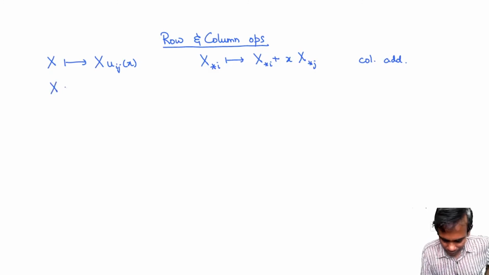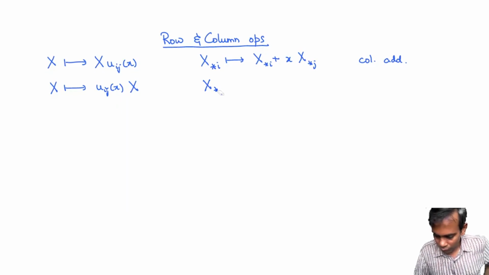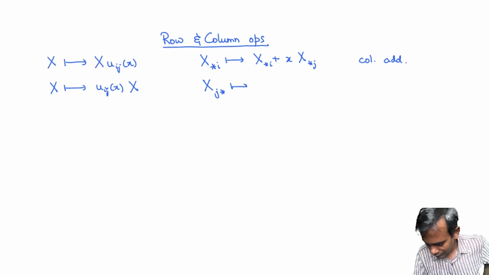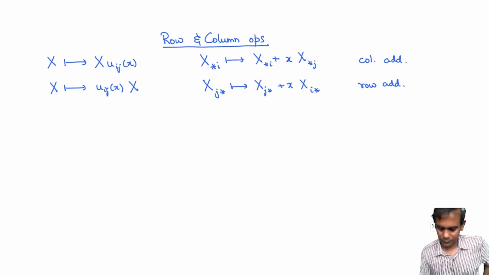And similarly, if you multiply on the left, U_ij(x) X, this would correspond to taking the ith row of X and replacing it by the ith row of X plus x times the jth row of X. This is called row addition. So this is what the shears do upon left multiplication and right multiplication.